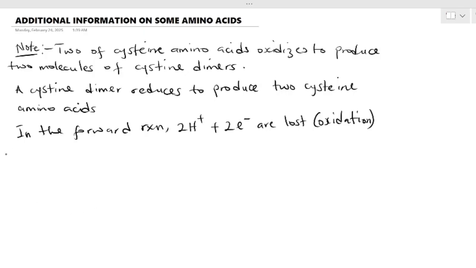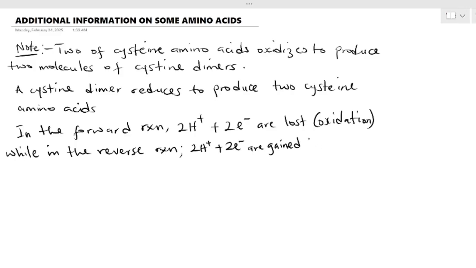Why, in the reverse reaction, two hydrogen plus two electrons are gained, and that is what?